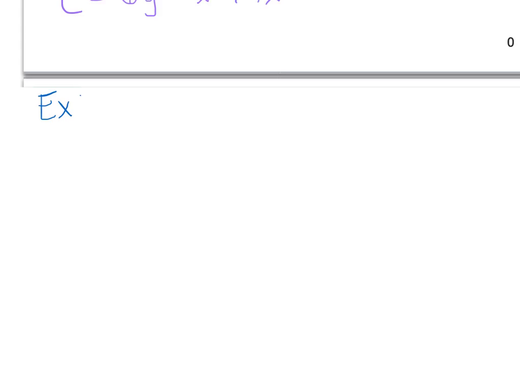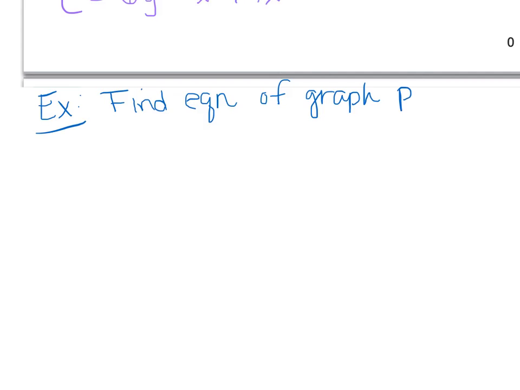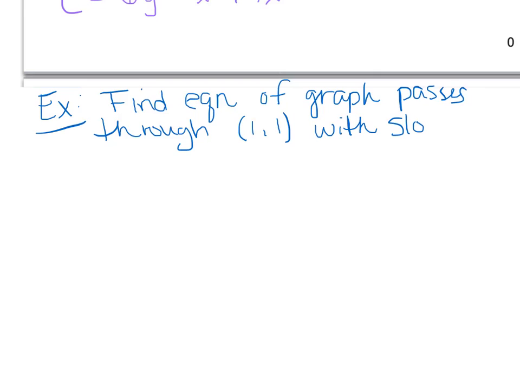Our next example says to find an equation of a graph that passes through the point 1, 1 with the given slope y prime equal to negative 9x divided by 16y.